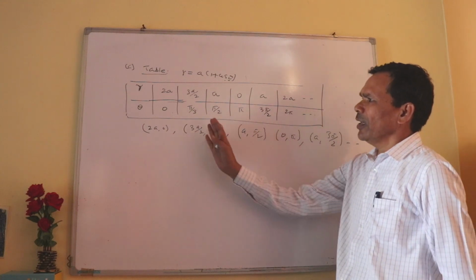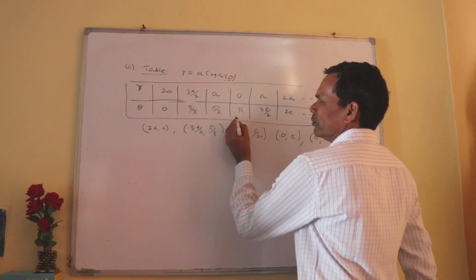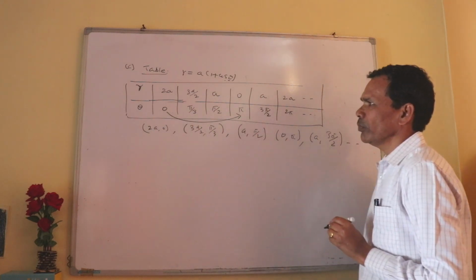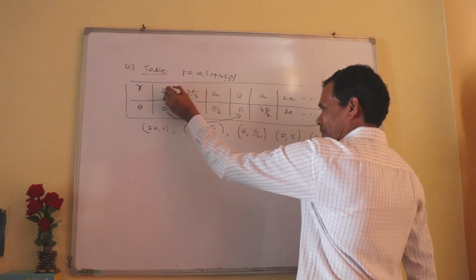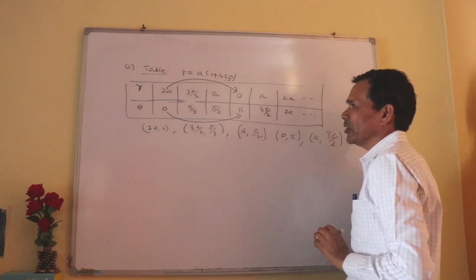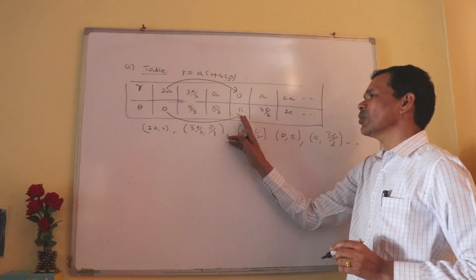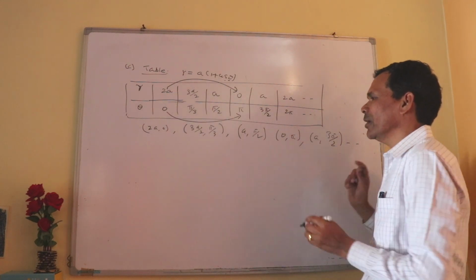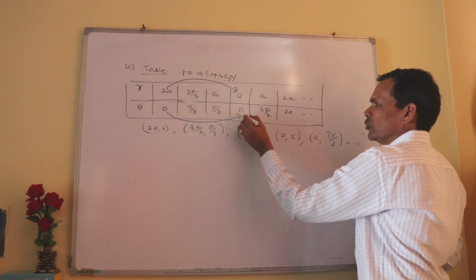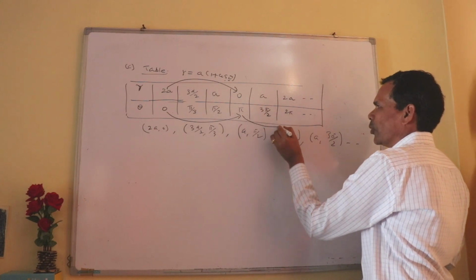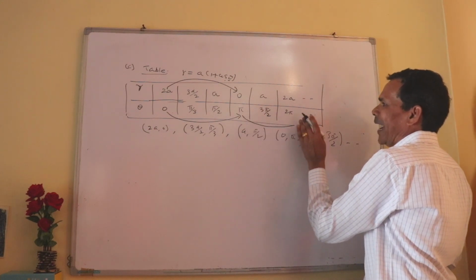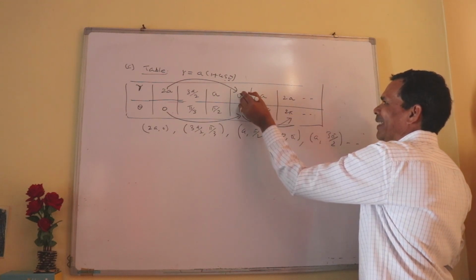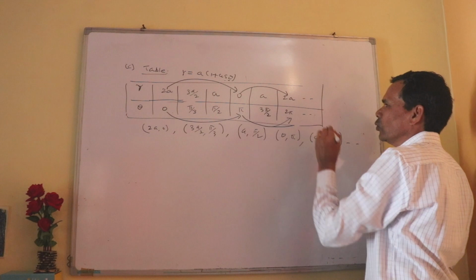Now if you observe, as theta increases from 0 to pi, that is 180 degrees, r decreases; the length of the radius vector decreases from 2 times a to 0. Now as theta increases from pi to 2 pi, r increases from 0 to 2 times a.